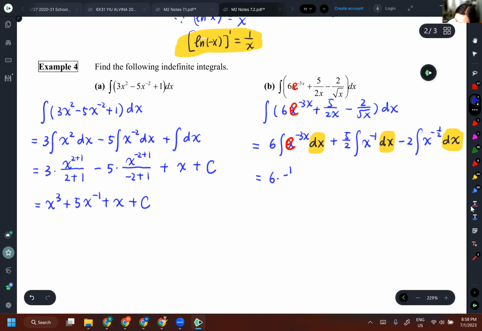It's 1 over negative 3, e to the power negative 3x. That's the first one. Plus 5 over 2. This one is 1 over x, so you write log absolute value.